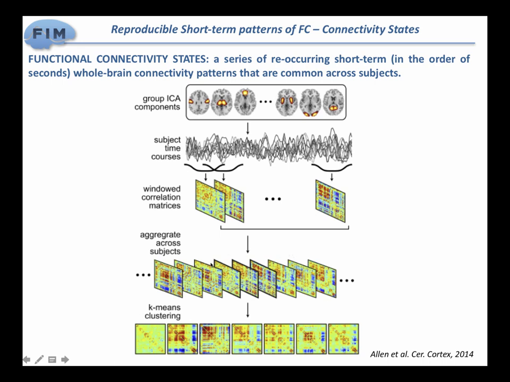You find some representative ones and the moments at which the window connectivity looks more like those representatives. This is a great example also to see: here I have data, here I throw in a method, and it gets me something, and it's always going to give me something, because k-means has to give me clusters. It's a hard clustering algorithm, so if I tell it give me 7 clusters, it will give me 7 clusters.